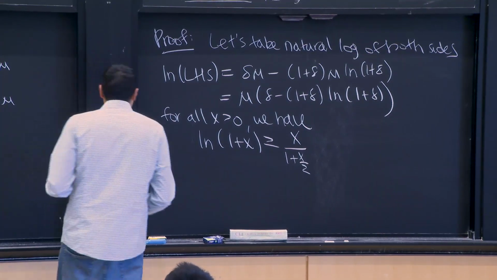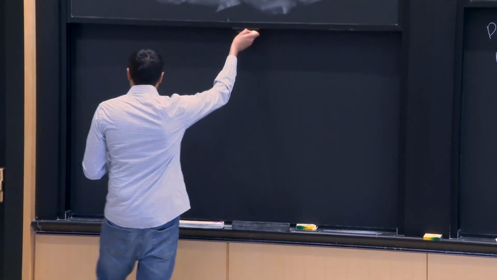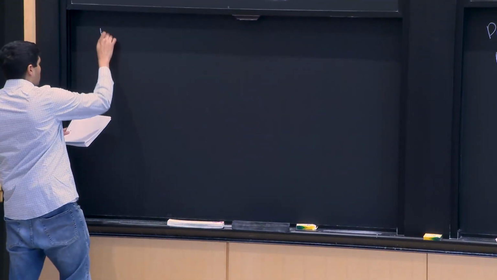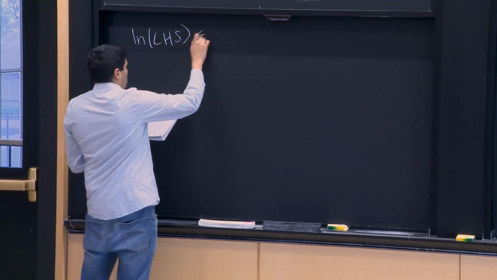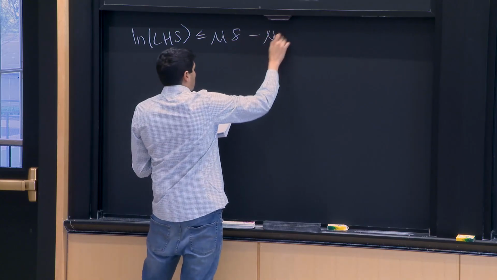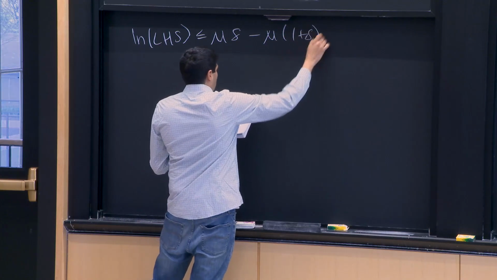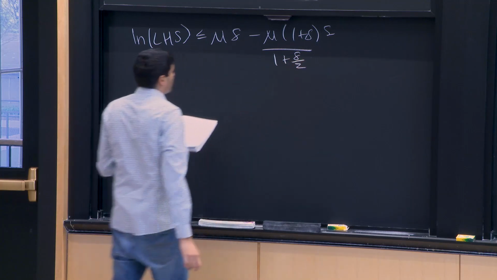Sorry, I'll have to do it over here. So using this fact and our expression for the left-hand side, this is at most mu delta minus mu 1 plus delta delta over 1 plus delta over 2.